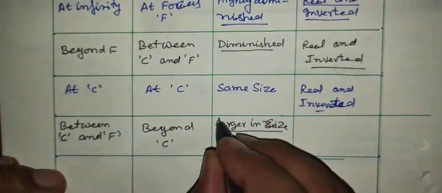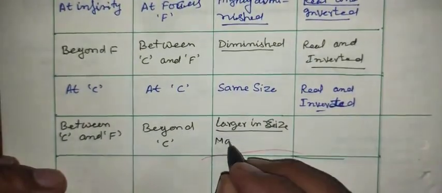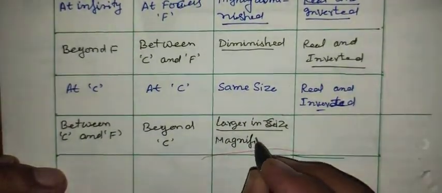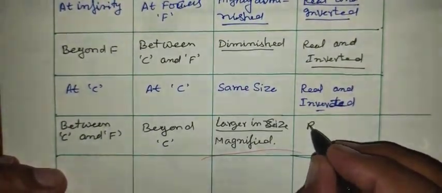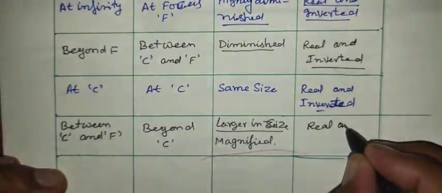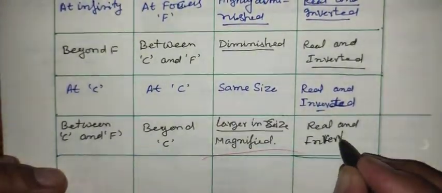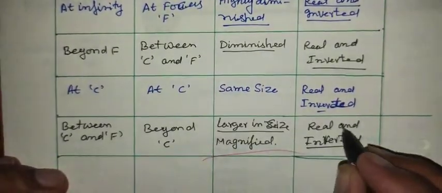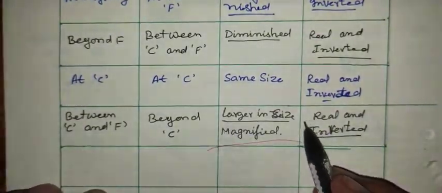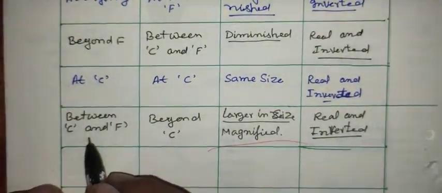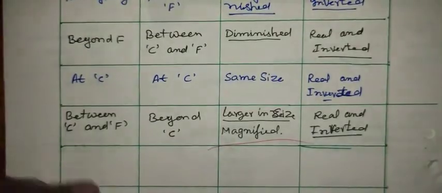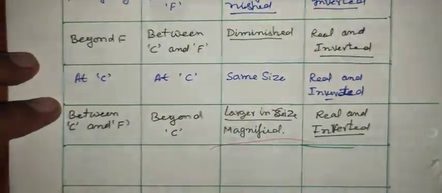This is called magnified, real and inverted. So these are the four characteristics: this is the position of the object and this is the position of the image.